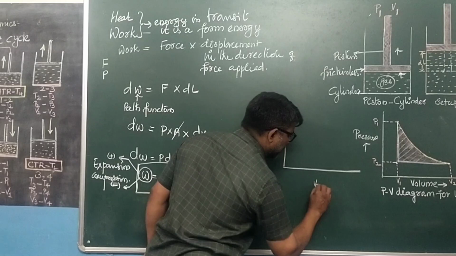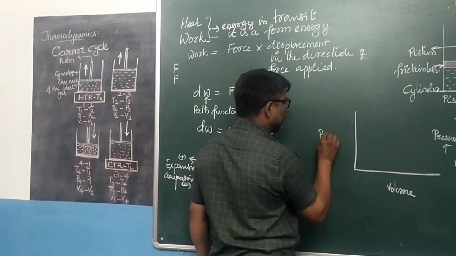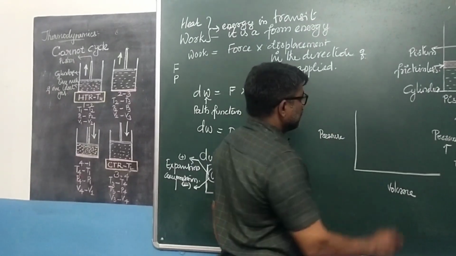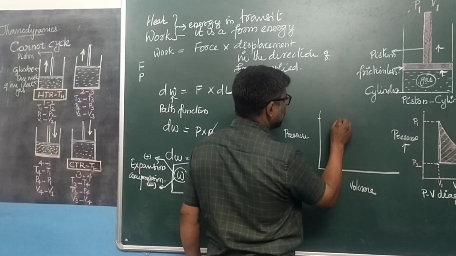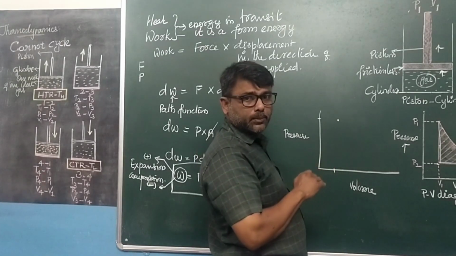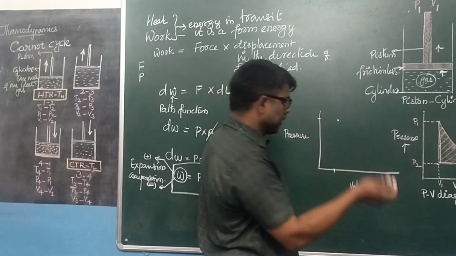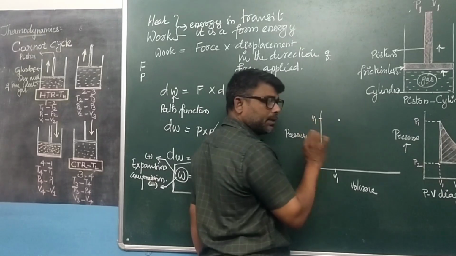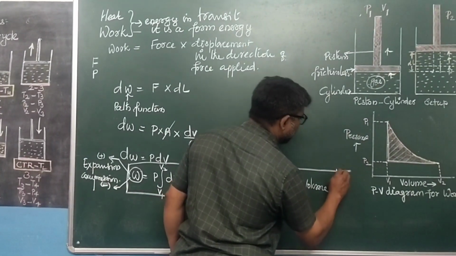For this case, the PV diagram has volume on the x-axis and pressure on the y-axis. See, initial volume, initial pressure. In this expansion process, pressure is constant, volume goes to increase. This is V1, this is P1. Pressure is constant, but volume is increased to the next level.